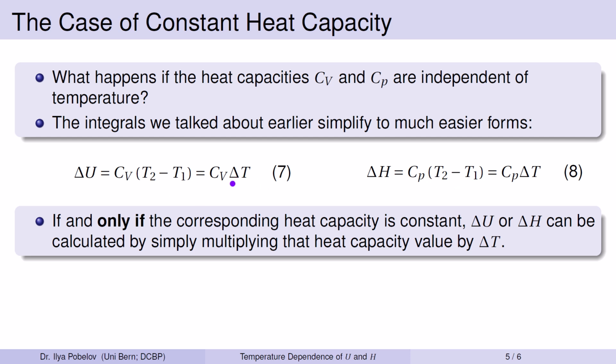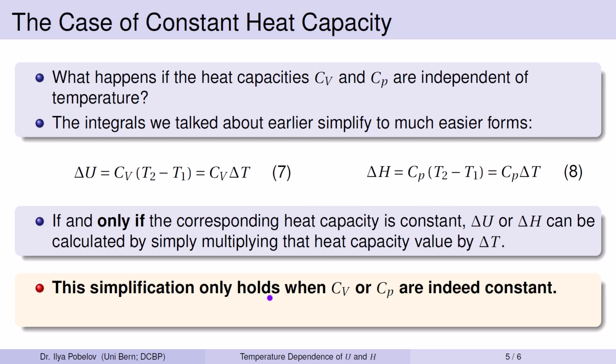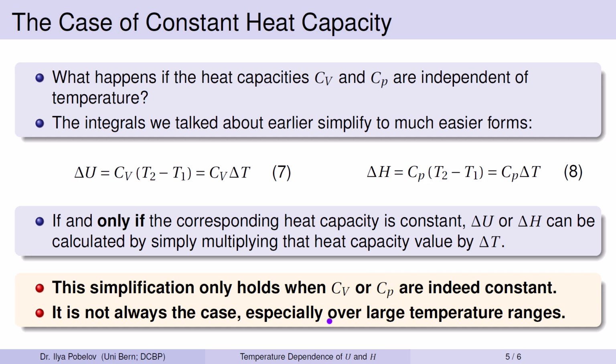This is a very useful simplification, but remember that it only holds when Cv or Cp are indeed constant, which is not always the case, especially over large temperature ranges. So remember, when dealing with temperature changes, always check whether the heat capacities are constant or temperature dependent. This will guide you on whether you can use these simplified equations or need to resort to the more general integral forms.